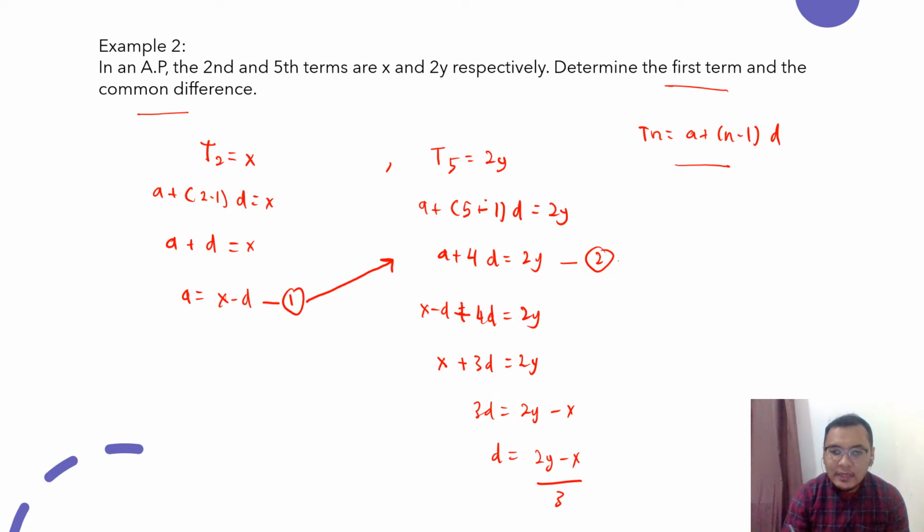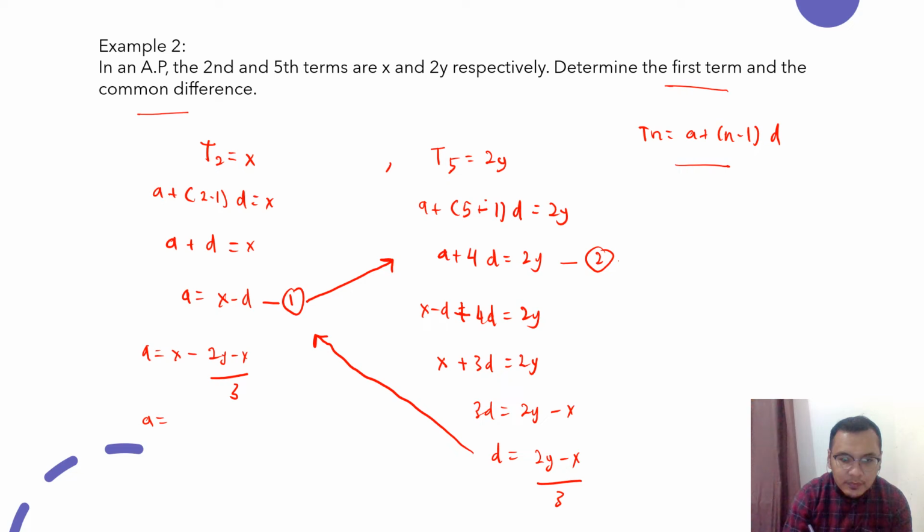And just substitute the value of d into the first equation. So a equal to x minus d, which is x minus 2y minus x over 3, and we will get a equal to 3x minus 2y minus x over 3, and a equal to 3x minus x is 2x minus 2y over 3.